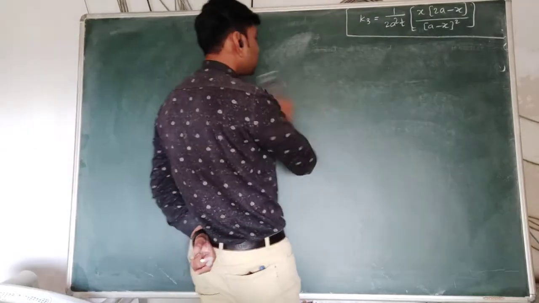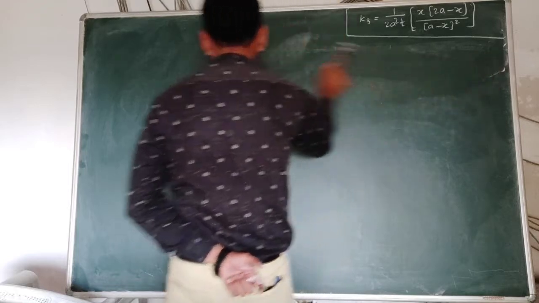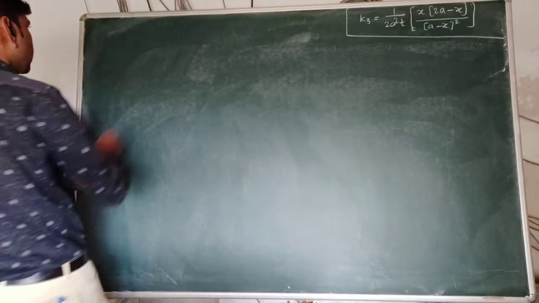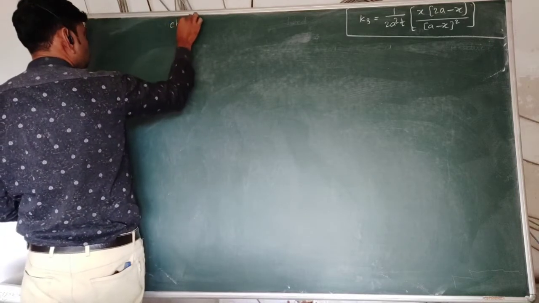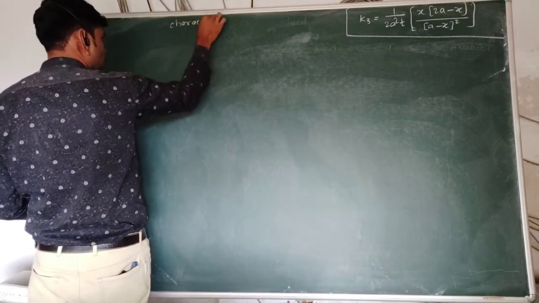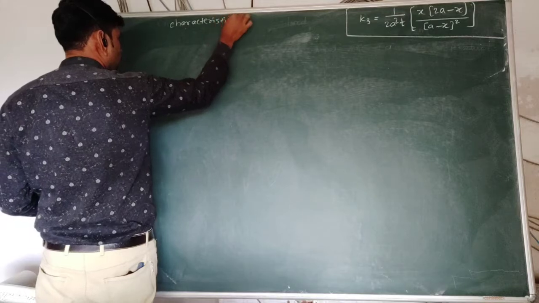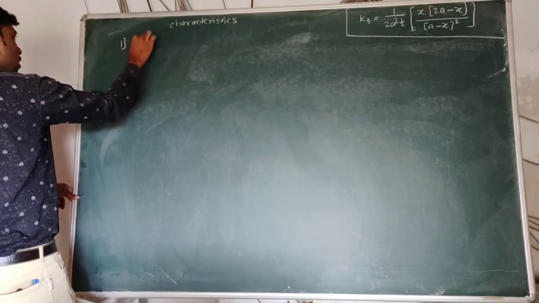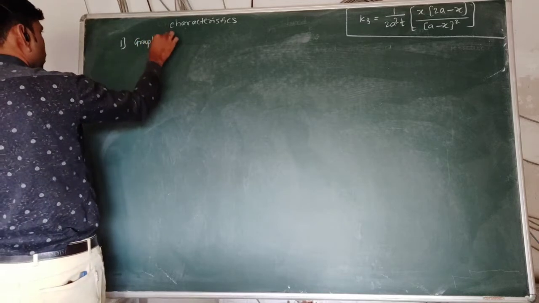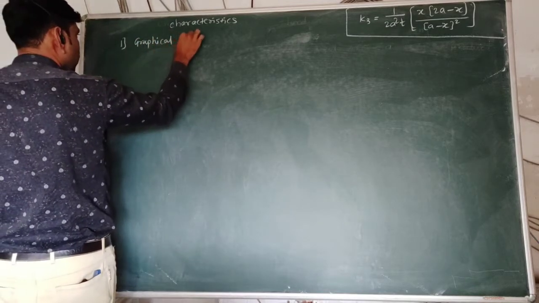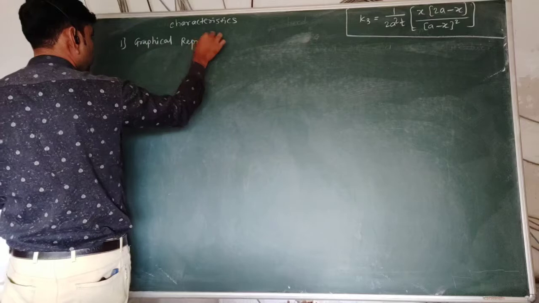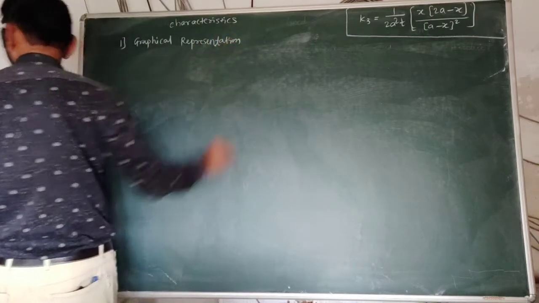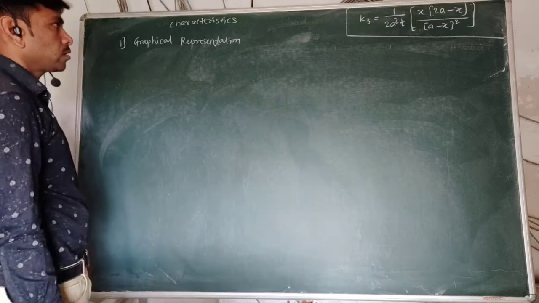These are the characteristics of third order reaction that we have to see here. The first characteristic is the graphical representation of third order reaction.